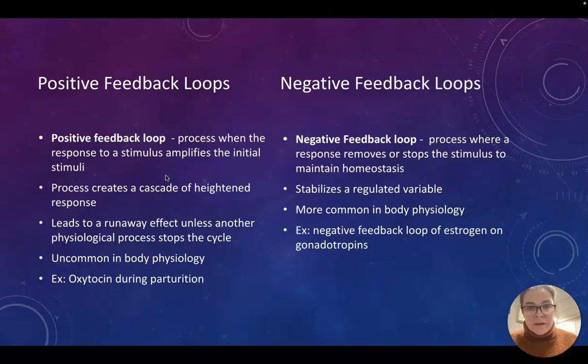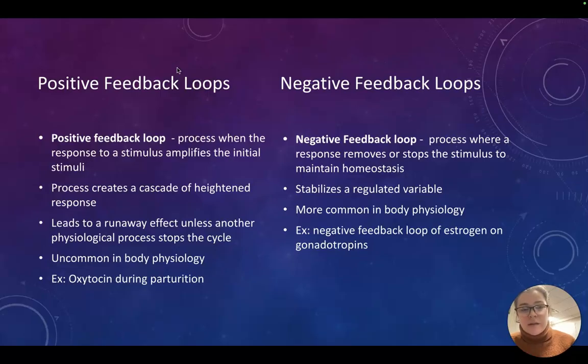Just to provide some introduction, I wanted to compare and contrast positive versus negative feedback loops, because there are a lot of complications and complex feedback loops in the reproductive system. Positive feedback occurs when the response to a stimulus actually amplifies that initial stimulus.